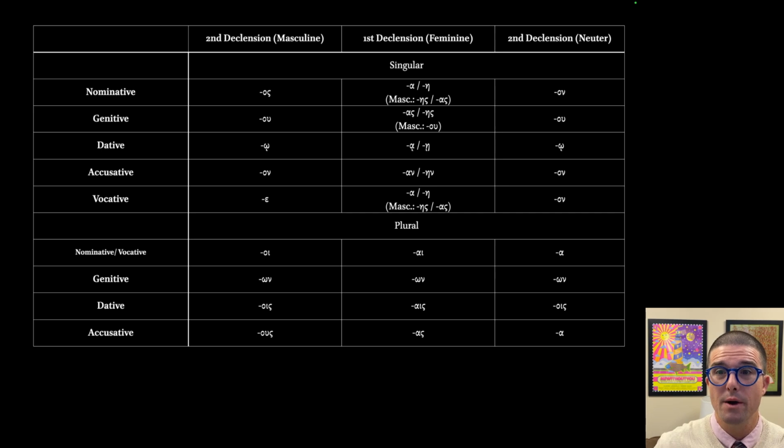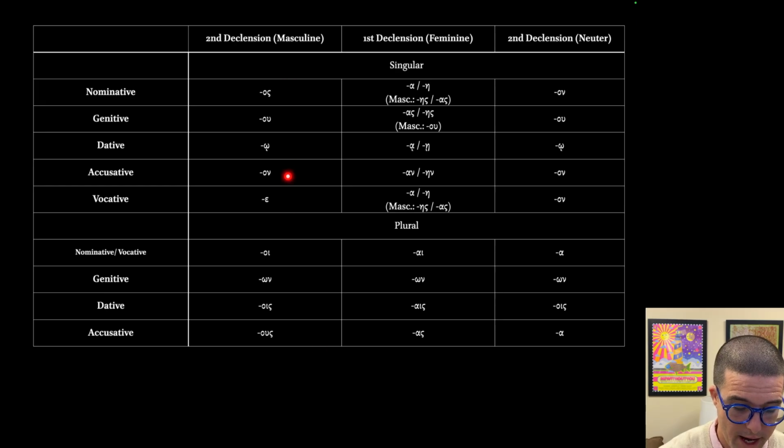And so this is where we are at so far with respect to declensions. There is another declension in Greek, the so-called third declension. We're not going to get to that for quite a while. So we have out there the two main declensions that we are going to be using for a while, and this is what their forms look like.